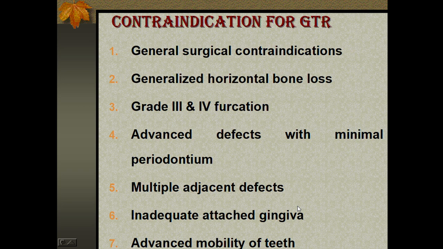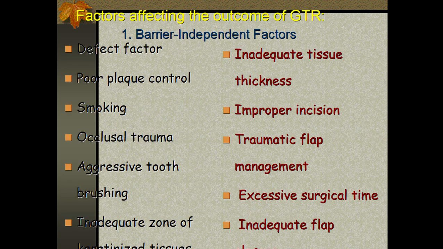Contraindications of guided tissue regeneration. General surgical contraindications. Generalized horizontal bone loss, grade 3 and grade 4 furcation in which compromised structure of teeth is there, advanced defect with minimum periodontium, multiple adjacent defects, inadequate attached gingiva and advanced mobility of teeth.